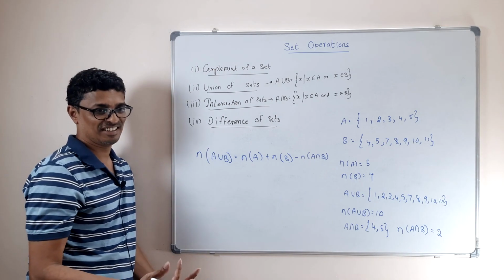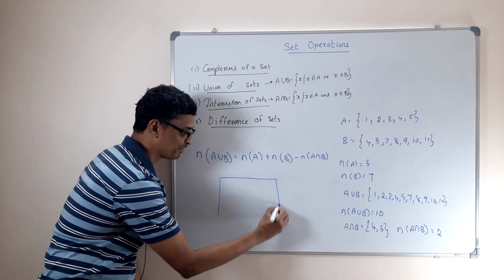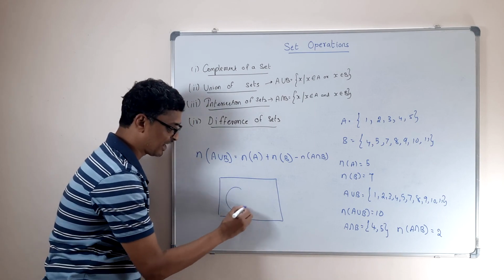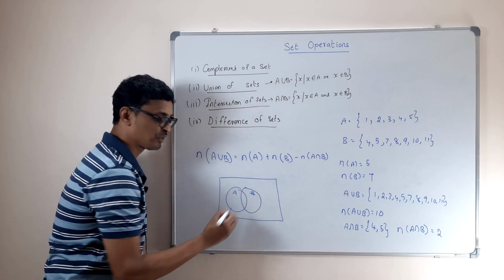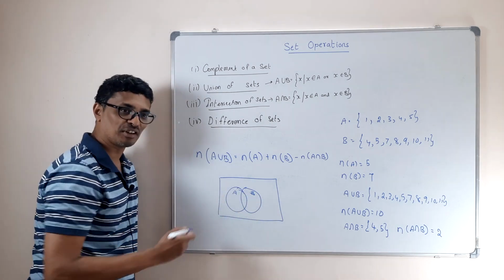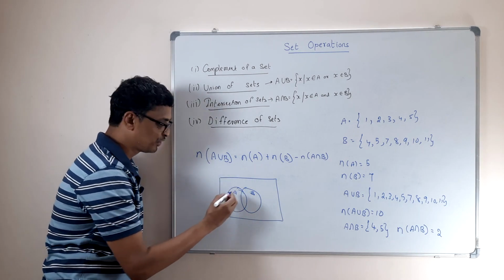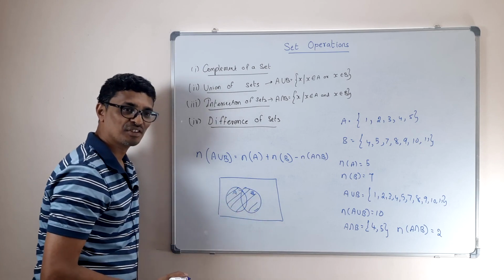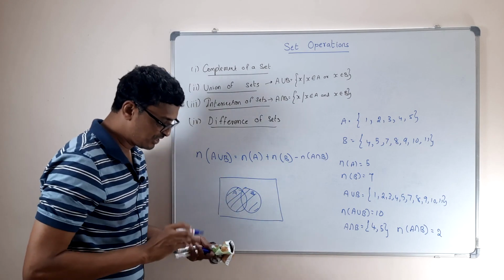That's easy when you think of it in a Venn diagram. Okay. So what we are doing? We are having A and we are having B. Basically, the number you have to take is the total count. When you take A union B, you take only these numbers in total. Correct? So now what happened when you add the cardinalities individually?